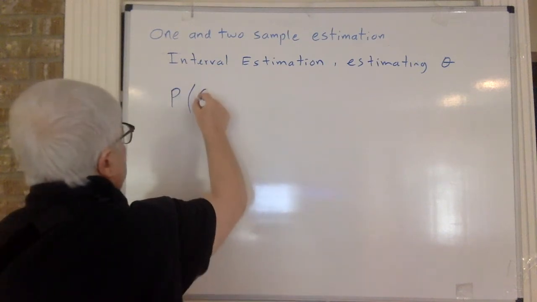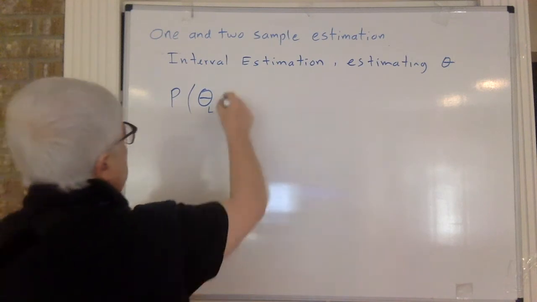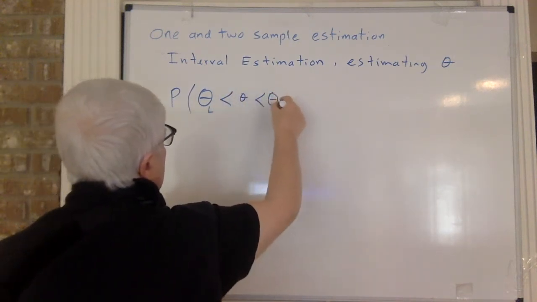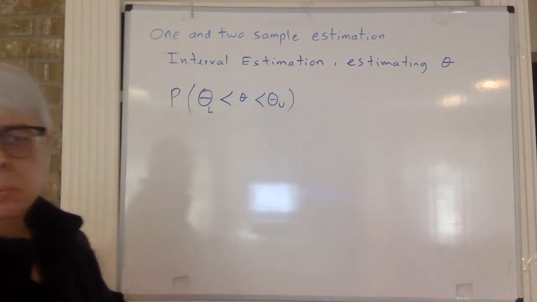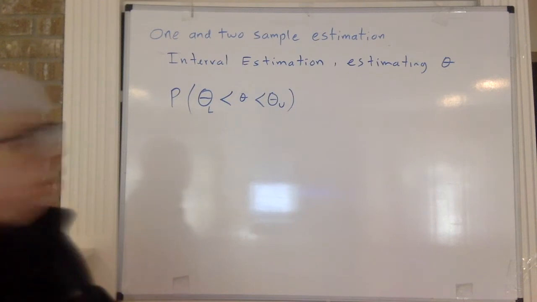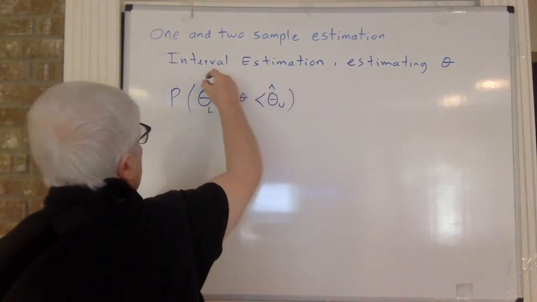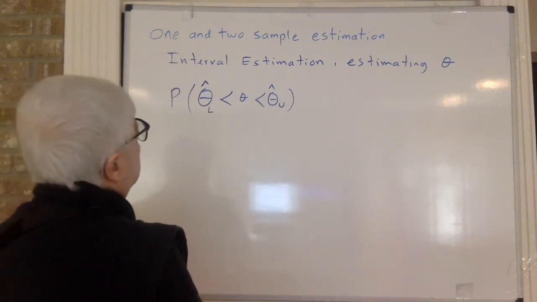So we find two random variables, theta L and theta U, such that... I have usually used a hat for them because these are some kind of estimator.